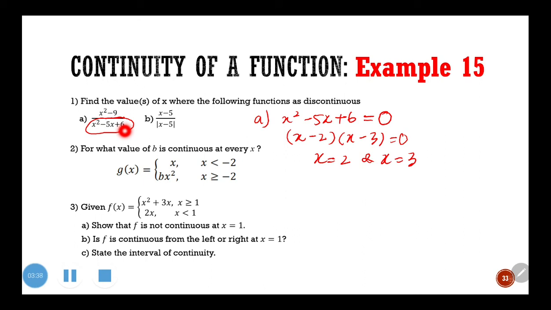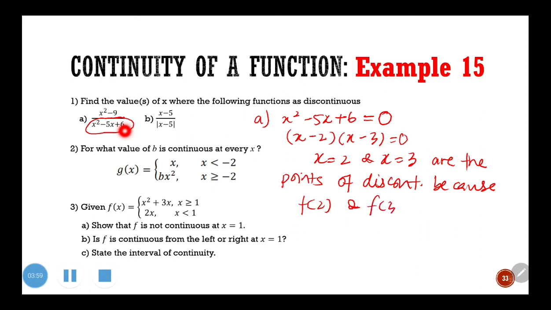So those are the points of discontinuity, because f(2) and f(3) do not exist. Remember the checklist on the limits, the checklist on continuity.